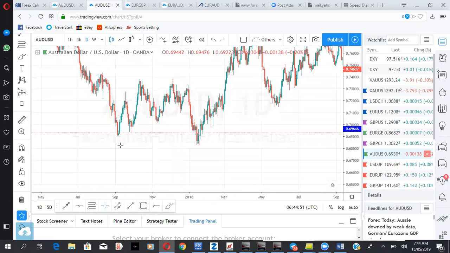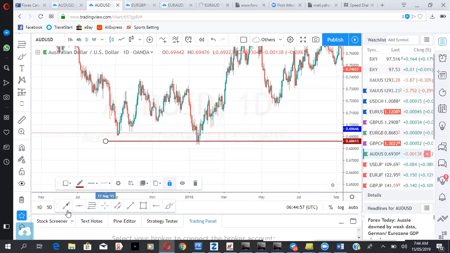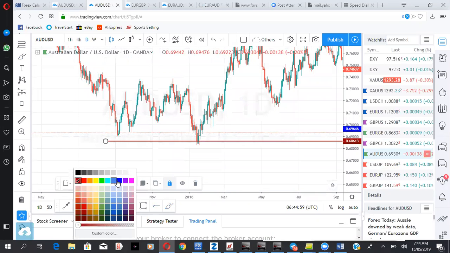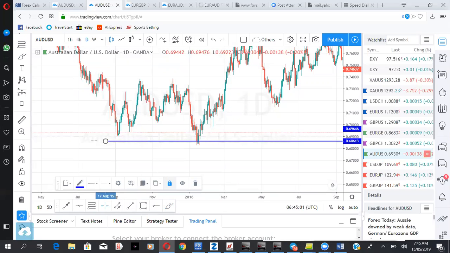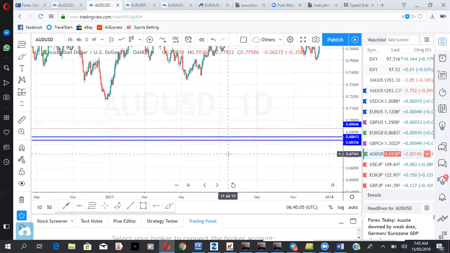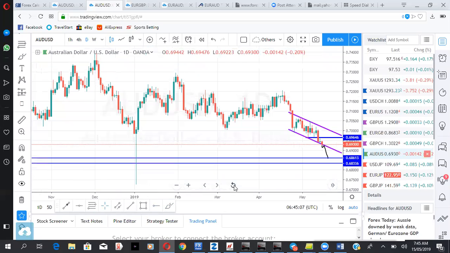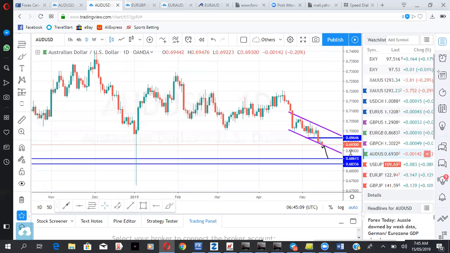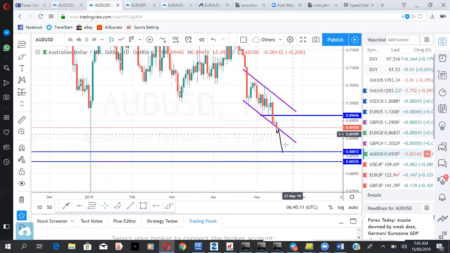So we can just do this. We'll pick this level, then pick this level here. That's just the next level that this pair might be going down to.